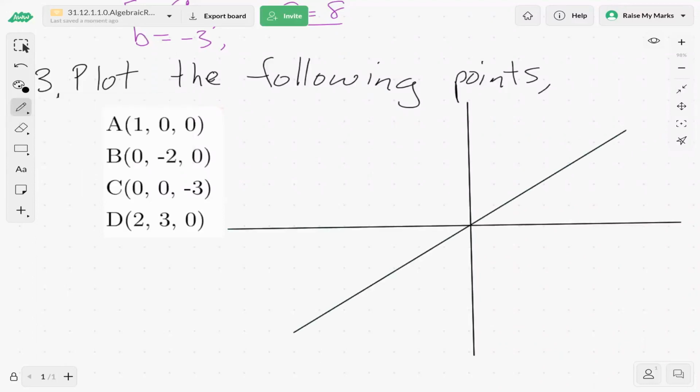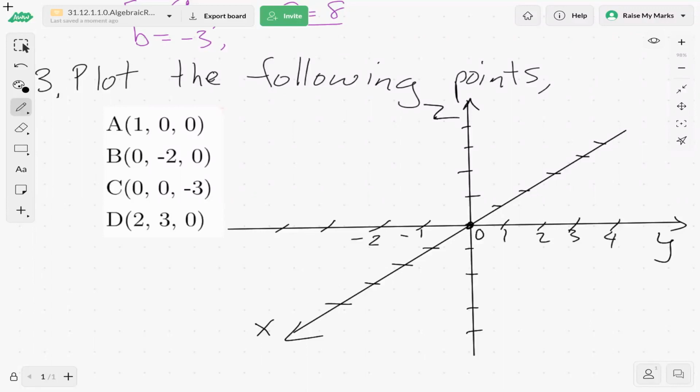Let's label them Z, Y, and X. Let's mark off the positive and negative directions along each axis. Okay, and where they all intersect is the origin. So I'm just going to put in a few values so that we have something to work with when we're plotting.